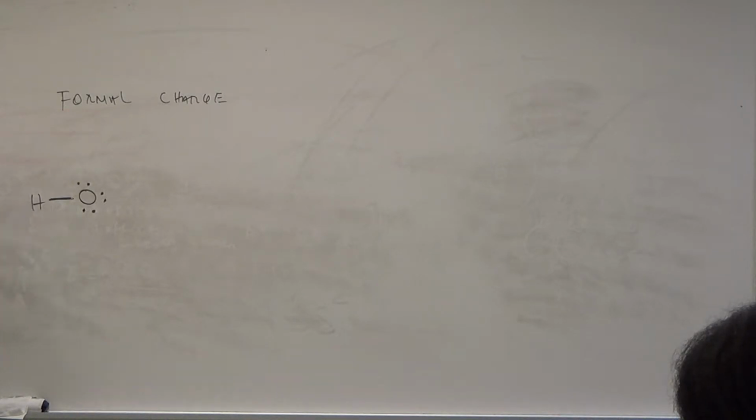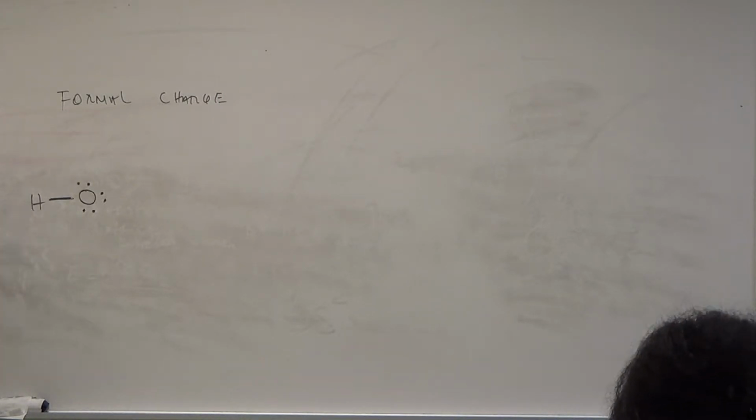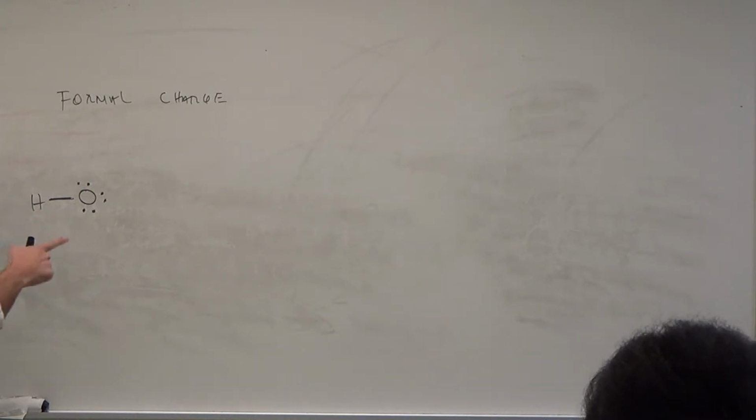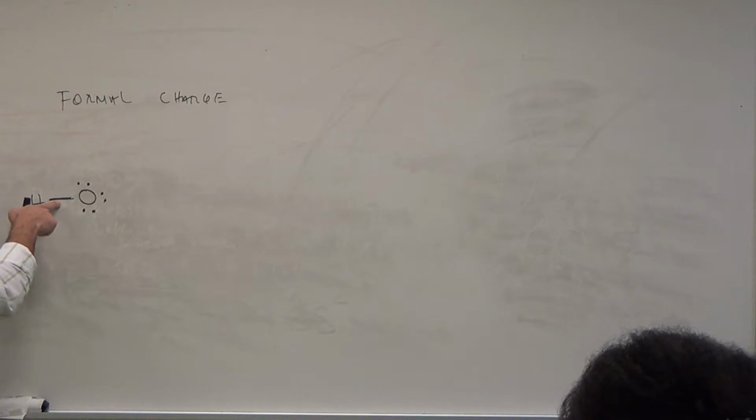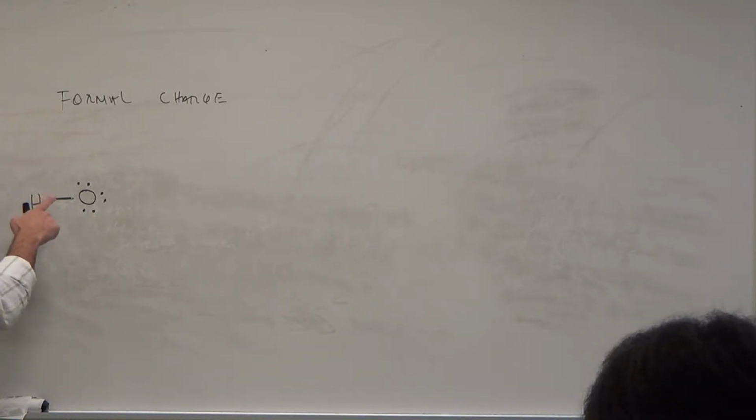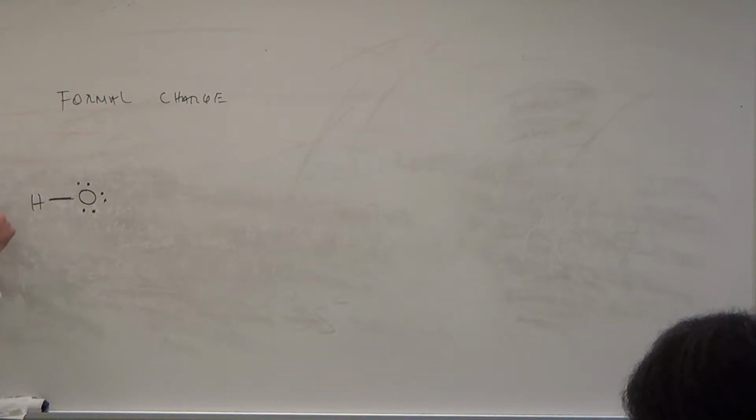Valence number of electrons for hydrogen, how many? 1. And whatever bond or electron pairs it has, I have to count it with my finger. How many is this? 1. So 1 minus whatever I count with my finger is 0. Formal charge on hydrogen is 0. Okay?